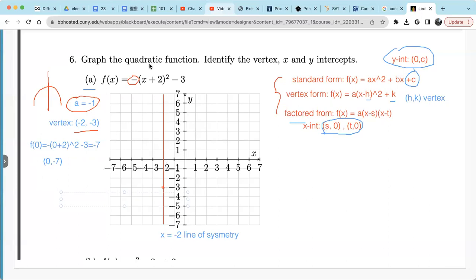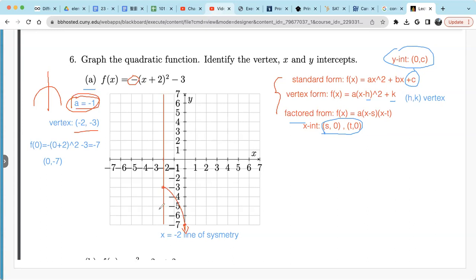Now let's draw this point. 0 on the y-axis, negative 7 is here. We know our parabola is downward because the leading coefficient is negative. I'm going to draw this smoothly, curvy, not straight lines. I'll give an arrow to indicate that this graph keeps going down forever, but it's just off my chart.